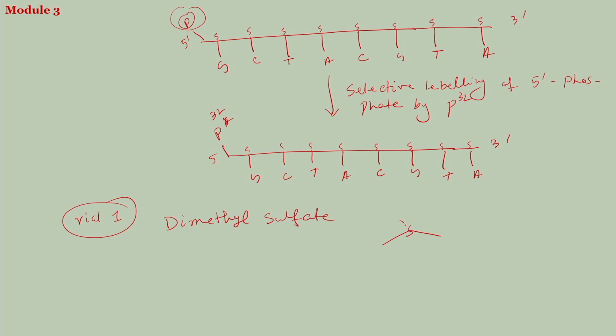This is sulfur, OCH3, OCH3. This is called dimethyl sulfate. I am giving an abbreviated name DMS. So, this compound is usually used as a methylating agent.